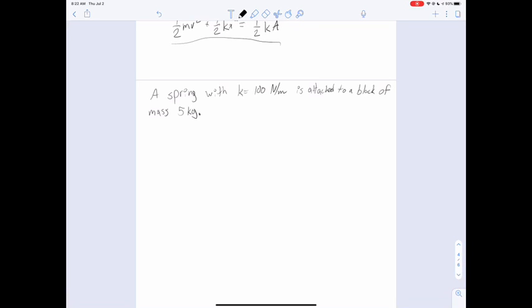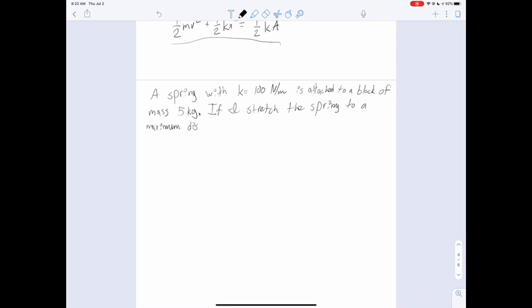If I stretch the spring to its maximum amplitude, or to its maximum displacement. Again, these terms are interchangeable when we're talking about springs.